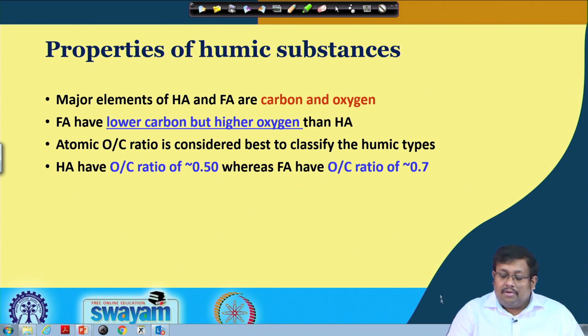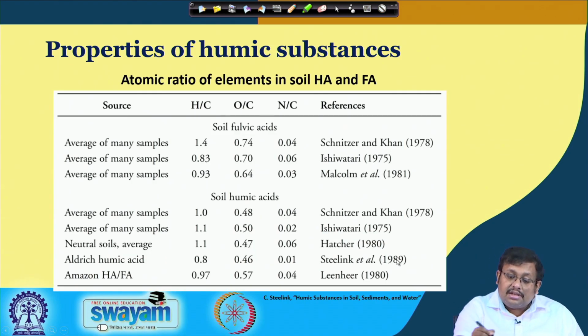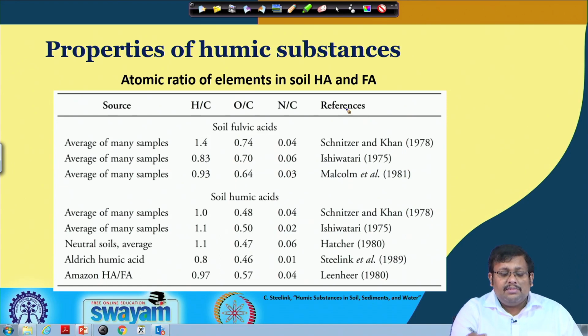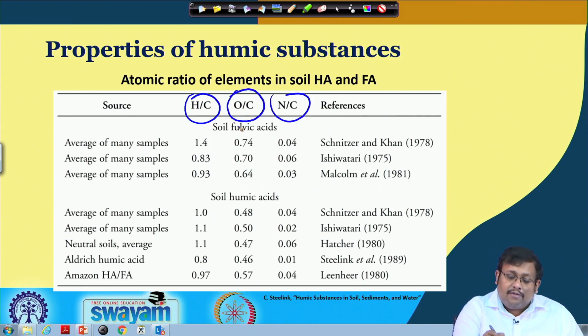Let us see what the values are in detail. This table shows the atomic ratio of elements in soil humic acid and fulvic acid. There are three different types of atomic ratio: hydrogen carbon ratio, oxygen carbon ratio and nitrogen carbon ratio, and we are focusing more on the oxygen carbon ratio.